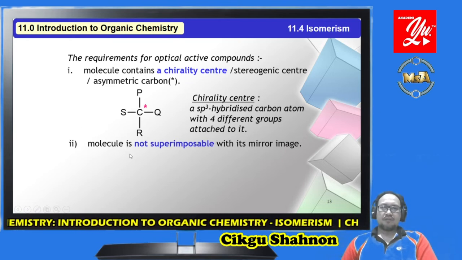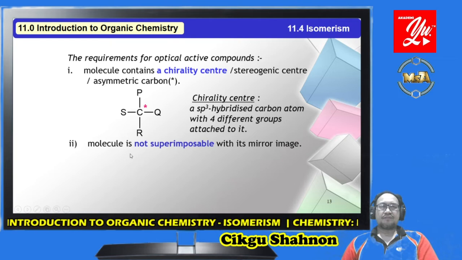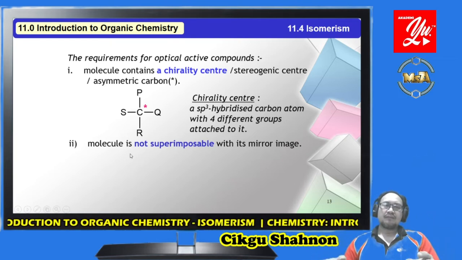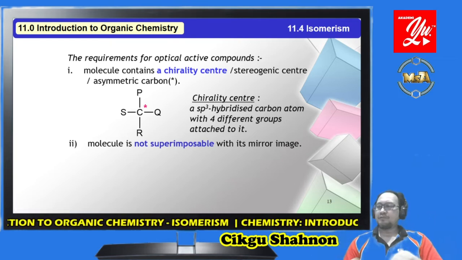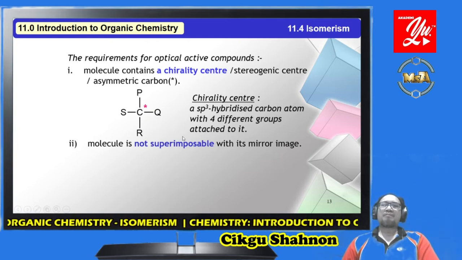And number two, the molecule is not superimposable with its mirror image. If we draw the mirror image of the compound and the mirror image is not superimposable, then these are the two requirements for an optically active compound.